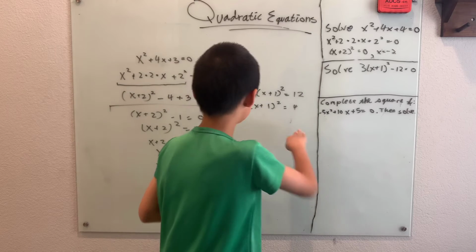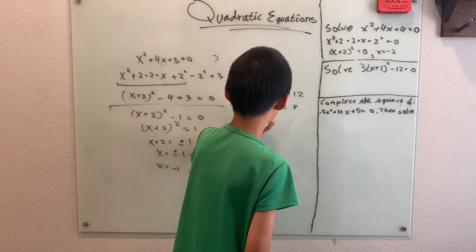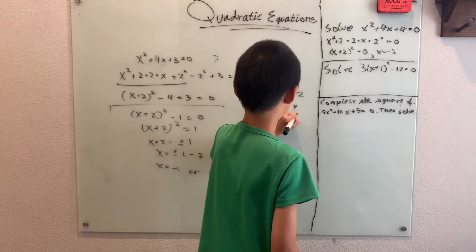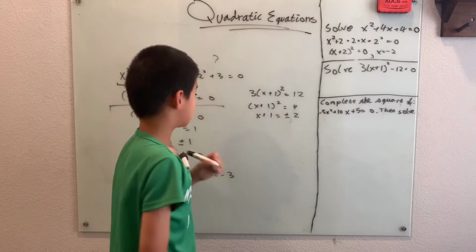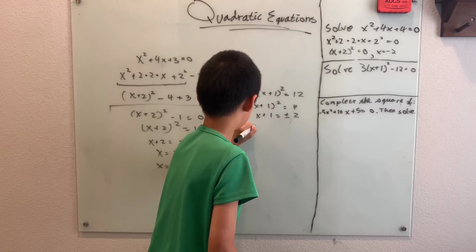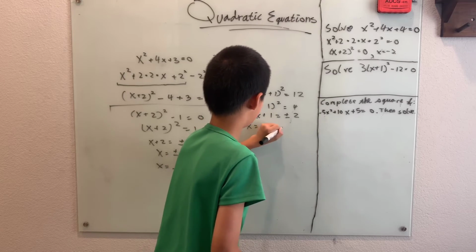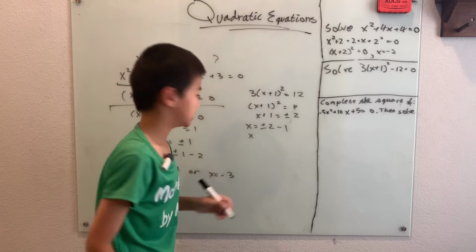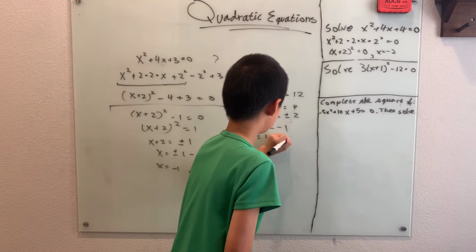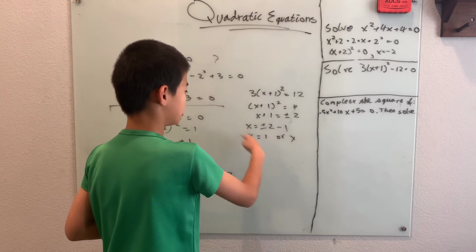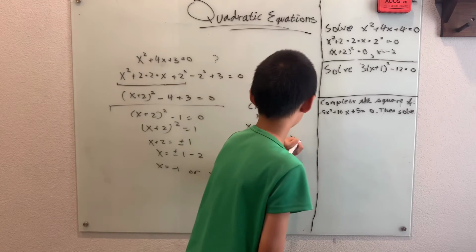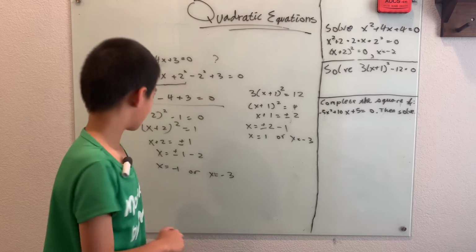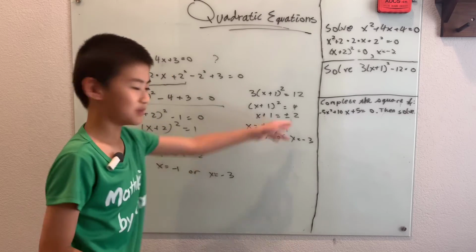Then taking the square root of both sides, we have x plus 1 equals plus or minus 2, because it's the square root. And then subtracting 1 from both sides, x is either positive 2 minus 1, which is 1, or x is equal to -2 minus 1, which is equal to -3. And I borrowed that problem from here.